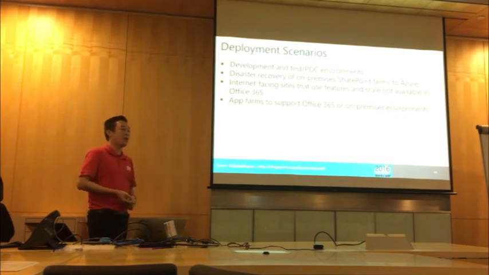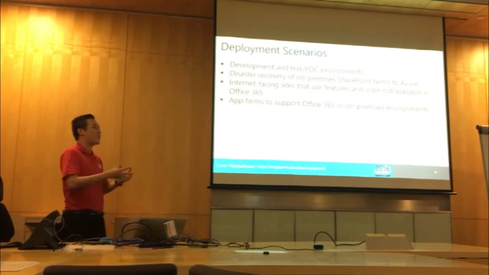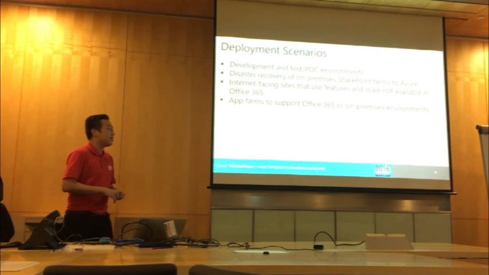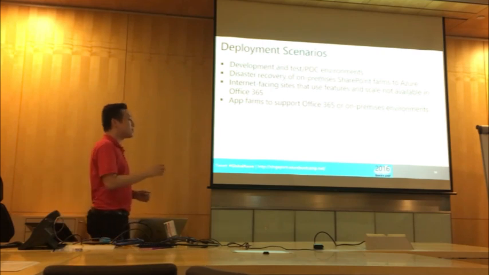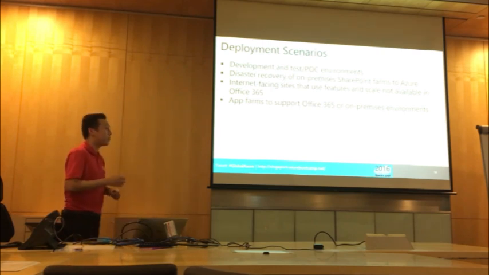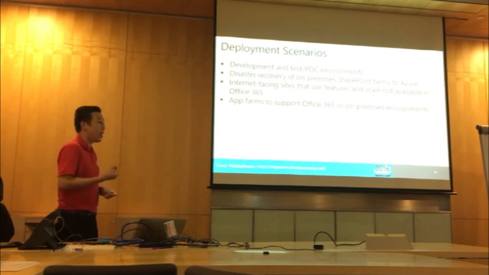I'm not sure, maybe because Microsoft doesn't want to be responsible for hosting a lot of public-facing websites because it consumes so much memory. That's why the Azure-hosted server farm for public-facing scenario is one of the good options.